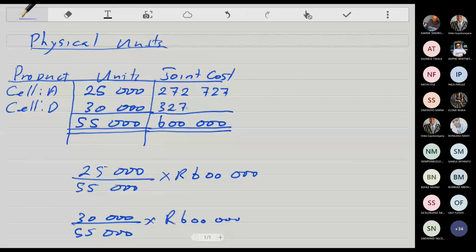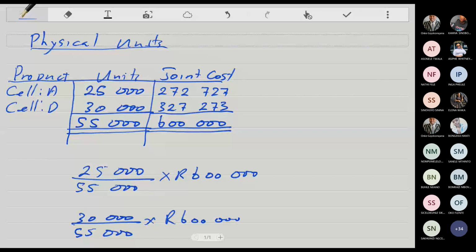That gives 327,272.7, which we round off to the nearest rand: 327,273. In this case, if you've got two products, and you've calculated the value of one product, you can simply subtract and get the difference. That's another option. So now we've allocated the joint costs to these two products according to the number of units that we have.